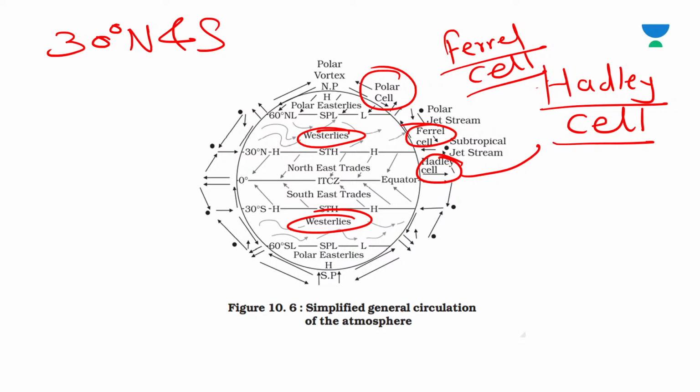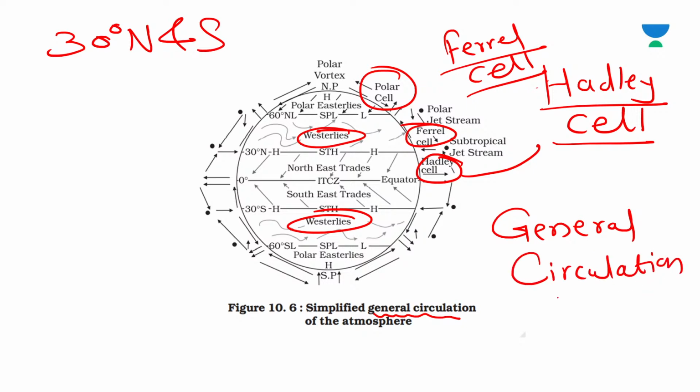Now, this general circulation of the atmosphere also affects the oceans, and the large scale winds of the atmosphere initiate large and slow moving currents of the ocean.